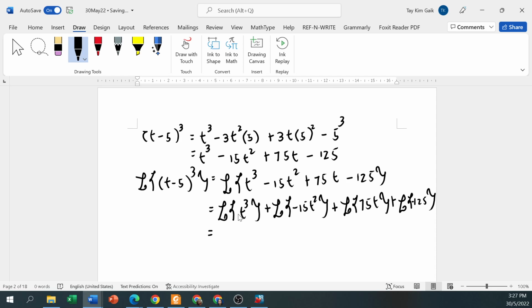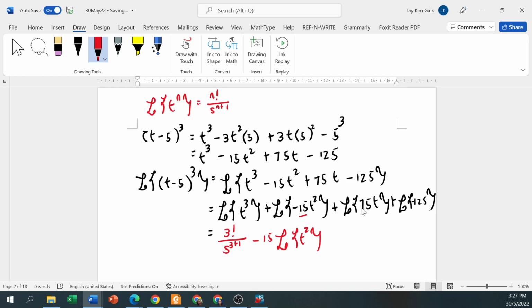Now the Laplace transform for t cube. As you know, the Laplace transform for t power n will be n factorial divided by s power n plus 1. So t cube will be 3 factorial divided by s power 3 plus 1. For negative 15, a constant, you can factor out negative 15 and then take the Laplace transform for t squared.